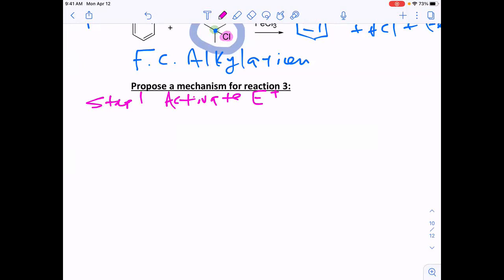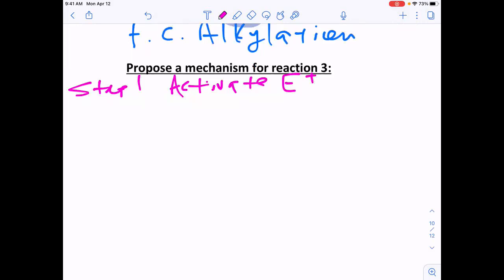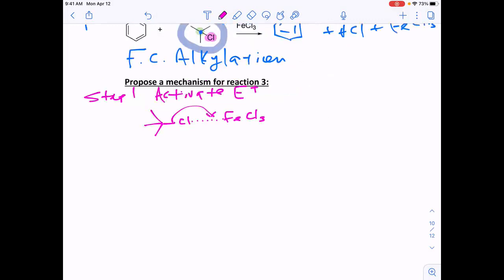So in this case, this is my starting material. All right, and I'm going to react that. In this case, it was iron 3 chloride, right? So it's going to form a complex with this. And then we rip off that chlorine, is that right?